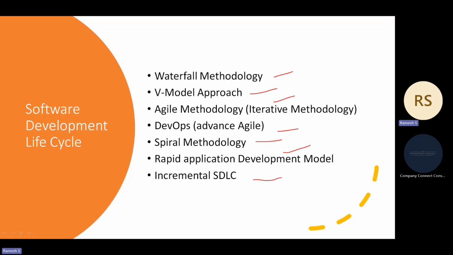We are not going to learn how to develop software, but we will learn how to validate the system if the developer has used any of these SDLC models. That we will learn in our course.